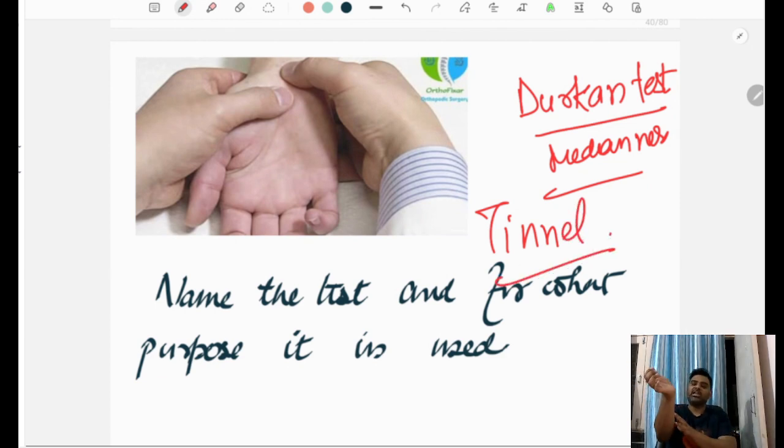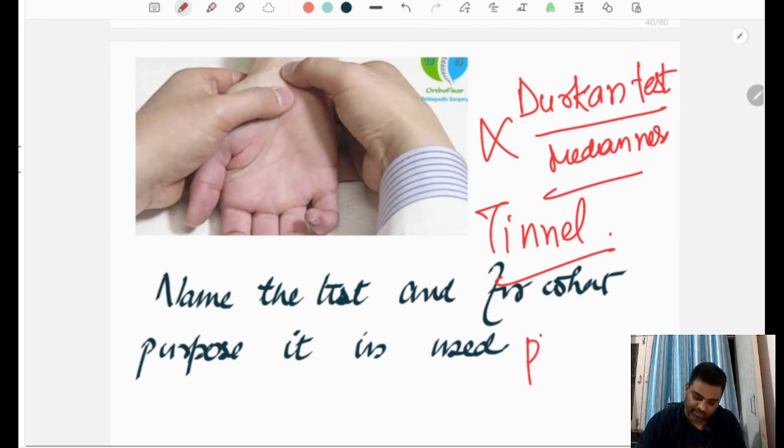You slightly extend the wrist and tap on the carpal tunnel area, and the patient will feel a vibratory sensation. That is normal; everyone will feel it. But if the patient feels pain, then the test is positive. So that is the Tinel test. So Durkan test, Tinel test, and the third is the Phalen test.